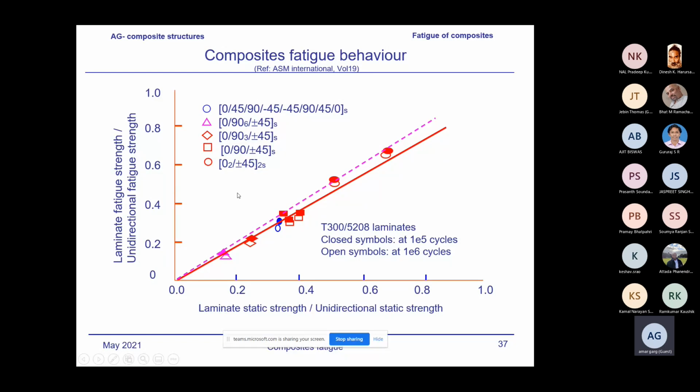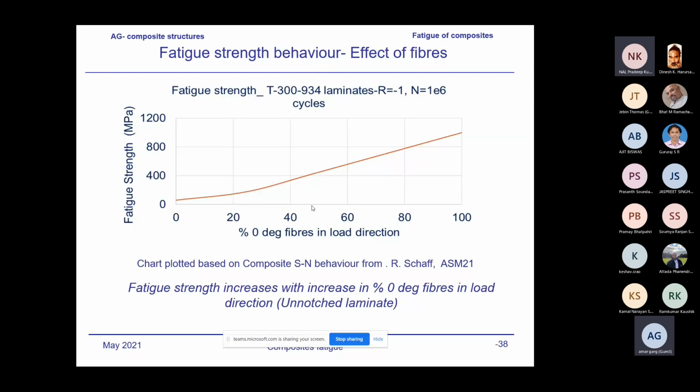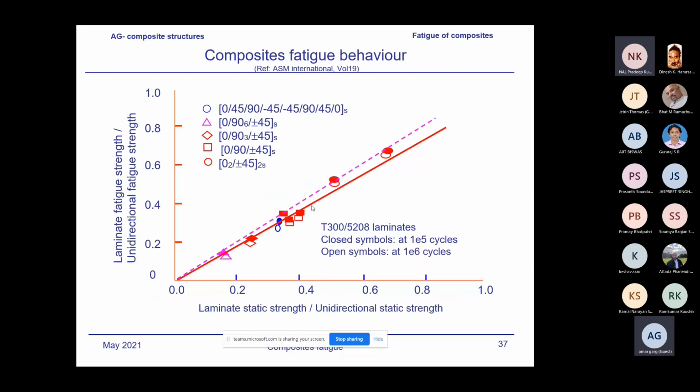Very interesting chart, which I found from this reference. Suppose you don't have a significant amount of data available, probably you could extrapolate: I know the static behavior, so I can determine the fatigue behavior similarly. That means both will be the same. Well, this is what is shown.